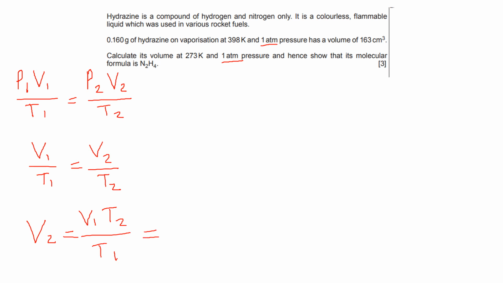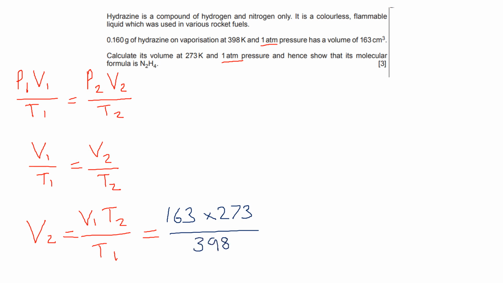Plug some numbers in now. The original volume was 163 centimeters cubed. Once again, I'm going to leave it in centimeters cubed, just for now. And T2, the new temperature, is 273. And T1, the original temperature, was 398.